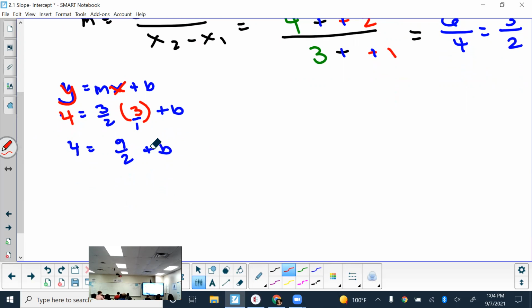It's a positive 9/2. Oh, subtract 9/2. If this was times b, then yeah, you would multiply it by the reciprocal. But since it's plus b, you have to think about what can I do to make it 0? Subtract it. So each side you're going to subtract 9/2.